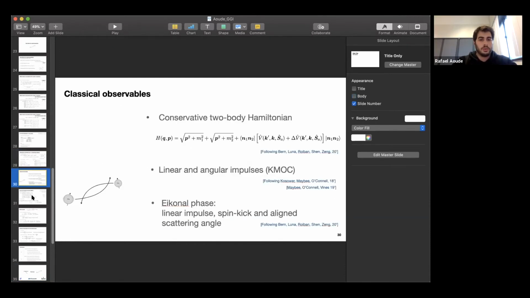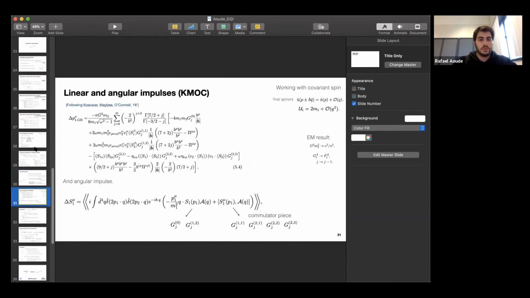You mean why we see the difference between the two? Yeah. Actually, we are not quite sure why we see the difference, but I can tell you what we did. For the angular impulse, we calculated these two bits. The commutator piece has the spin and the spin-orbit, while this first bit only has the monopole and the spin-orbit.